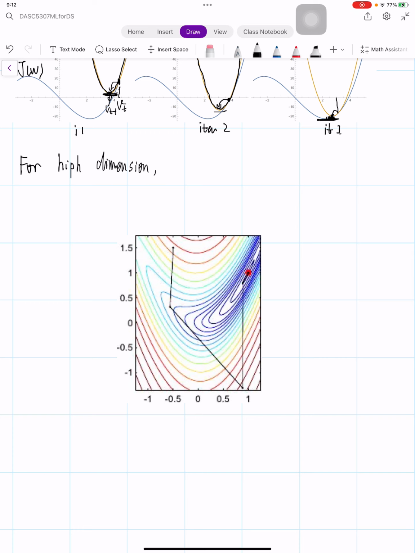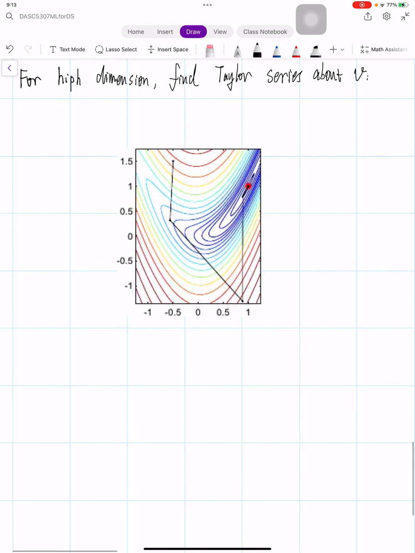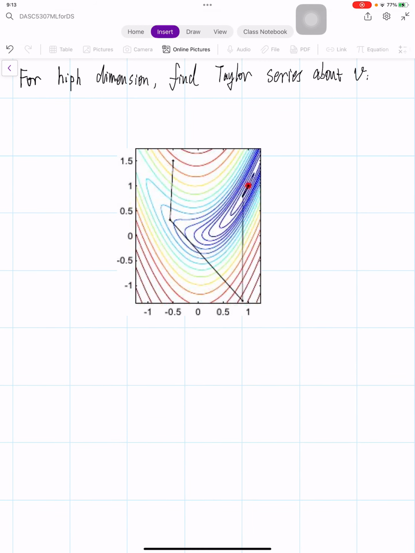You learned the Taylor expansion in your calculus, right? We find the Taylor expansion and only keep terms up to second order.